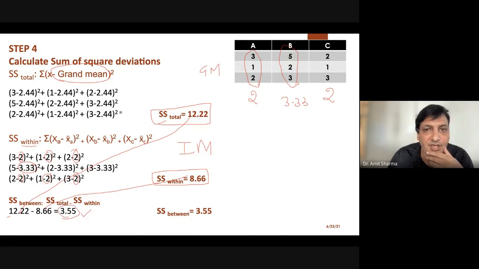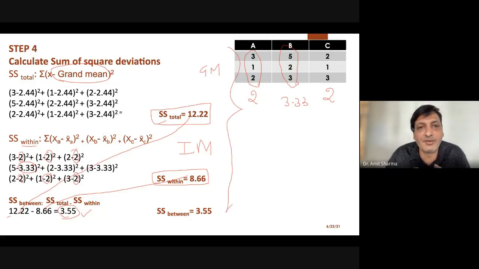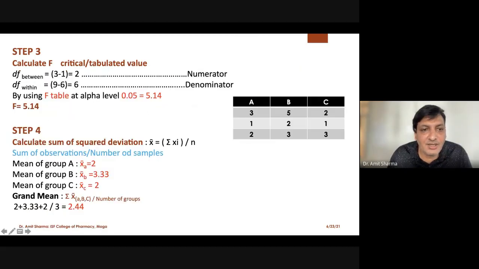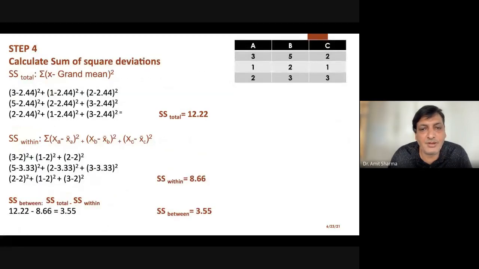This is 3.3. So this is the only slide where a student will take most of the time for the calculation, because to calculate the degree of freedom, to calculate the mean, you are not going to take any time. Maximum time will be devoted in ANOVA to calculating the SS total and SS within, sum of squared of total and sum of squared of within.